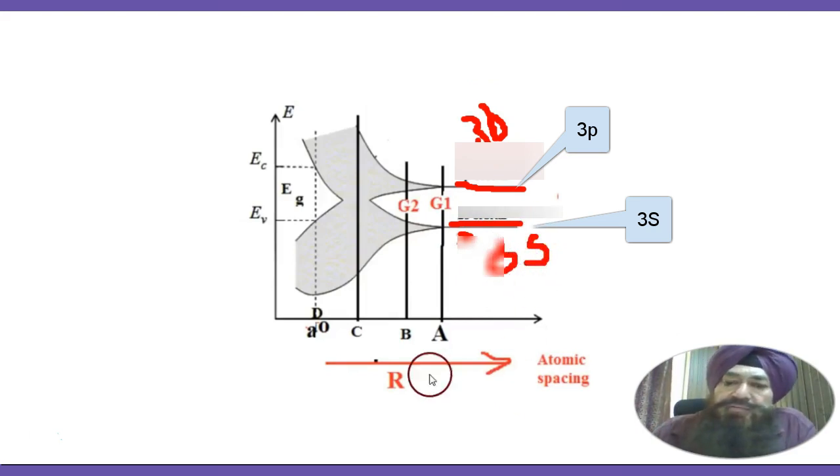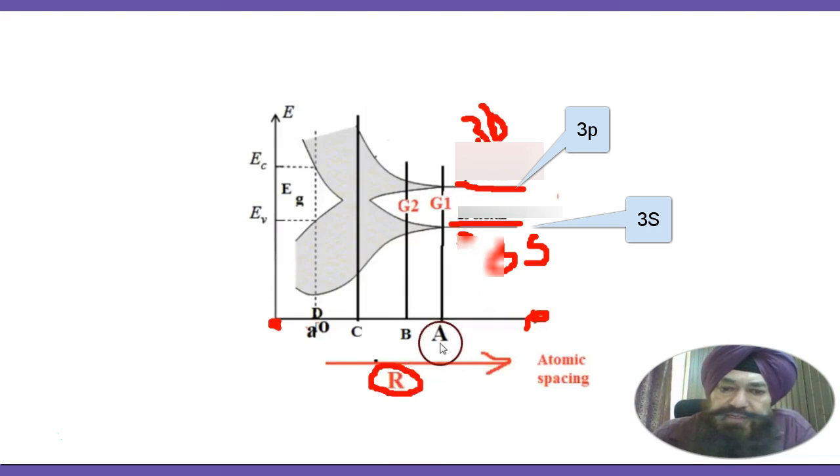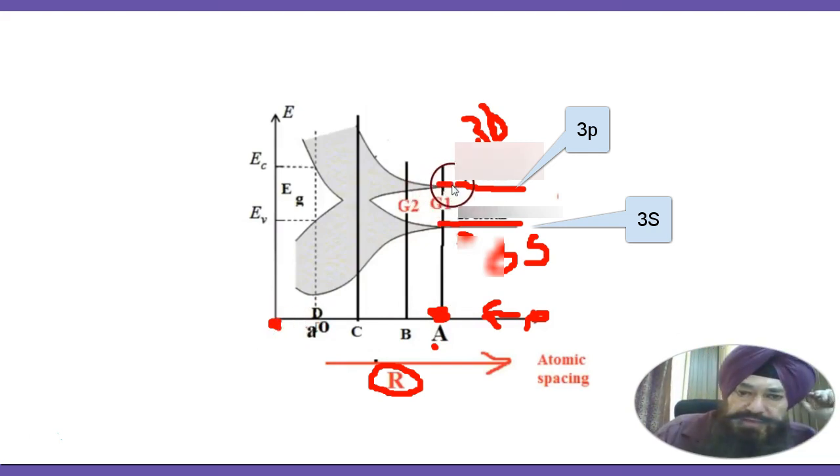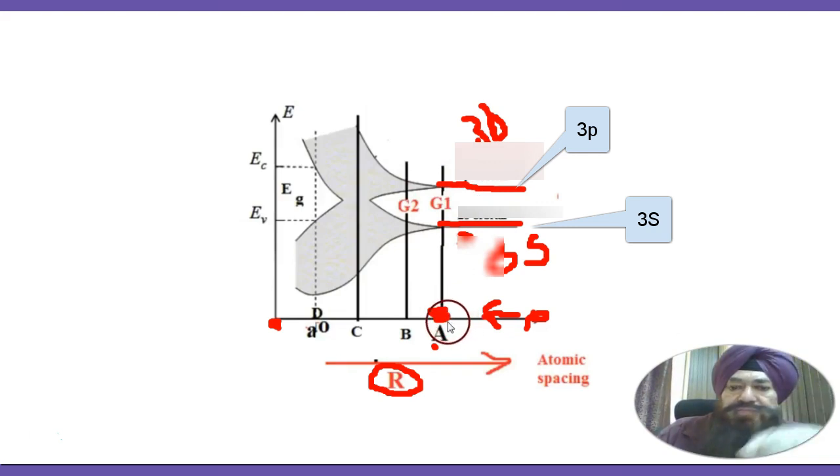When one atom is here, second one is here, that means R is large, then the levels have fixed energy. Closer, and you reach here, in the silicon case, even then the energy is fixed. Now we are coming more closer.